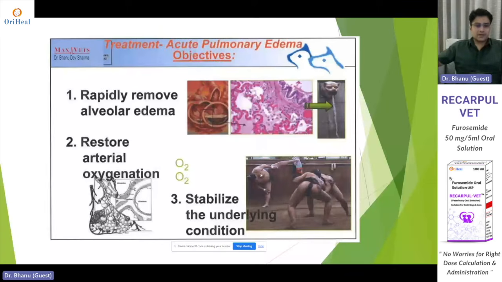You have to restore the arterial oxygen. So either you put the oxygen mask, or if you have the facility of an oxygen chamber, oxygen cabin, or an incubator, that would be even better. And the third thing would be, of course, you have to stabilize the underlying condition. Whether it is dilated cardiomyopathy, you start pimobendan. If it is HCM or RCM, you have to treat accordingly.